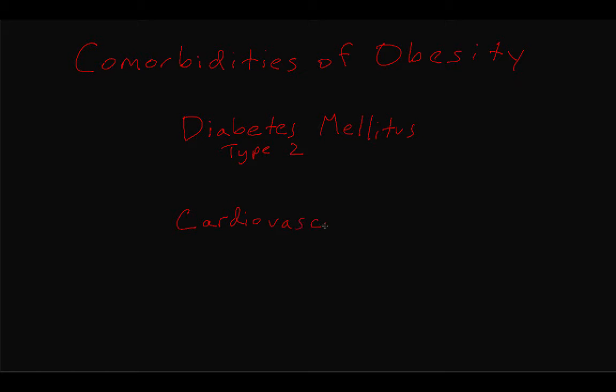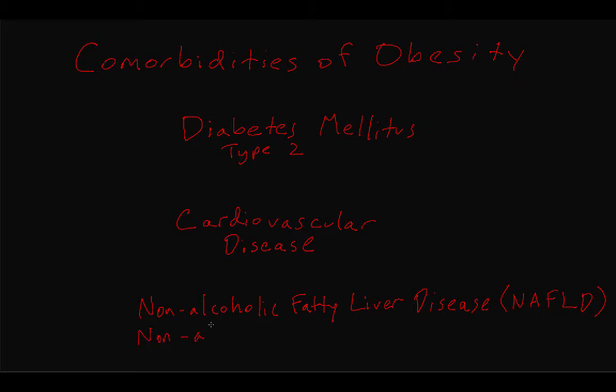So what are the comorbid conditions associated with obesity? The most commonly discussed comorbidities are insulin resistance and diabetes type 2 and cardiovascular disease. These are significant contributors of morbidity and mortality in obese patients. Along those lines, an increasing emphasis is being placed on identifying non-alcoholic fatty liver disease, or NAFLD, which if untreated can progress to non-alcoholic steatohepatitis, or NASH, and ultimately cirrhosis and liver failure, another significant contributor to morbidity and mortality.